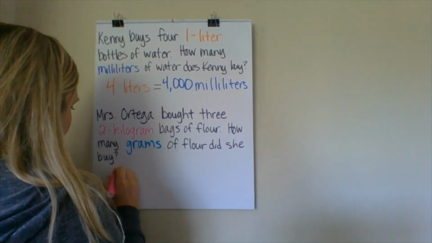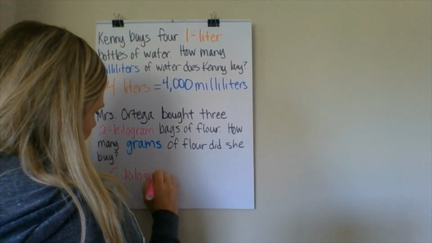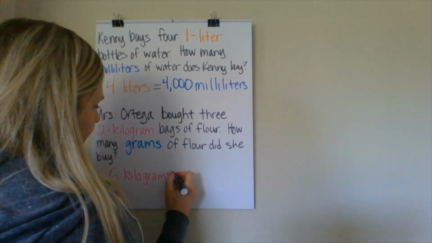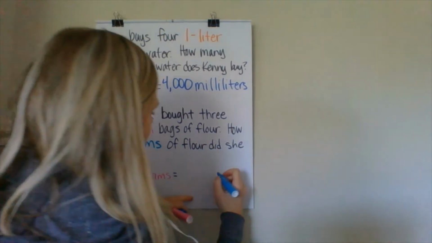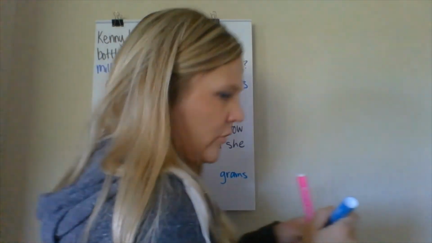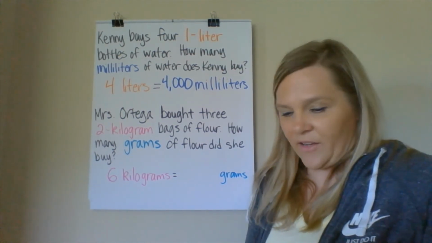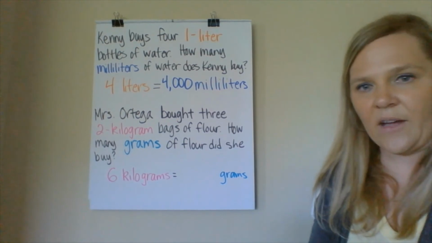2, 4, and 6, right? So our problem is 6 kilograms, and we want to know how many grams that equals. So again, to get from kilograms to grams, we are going to multiply by that good old number that we've been multiplying by all day, 1,000, right?